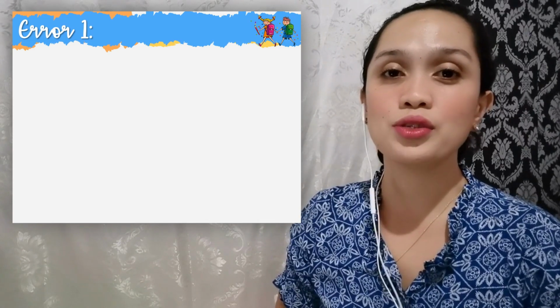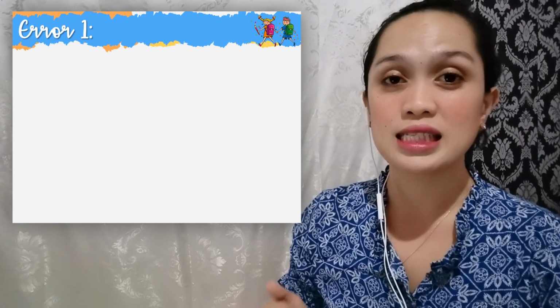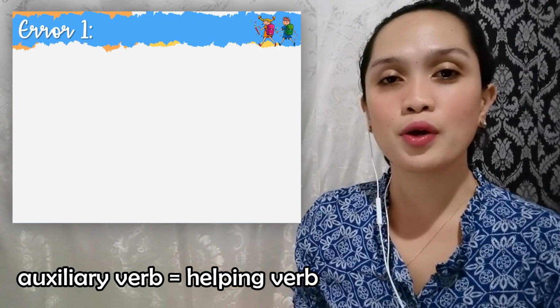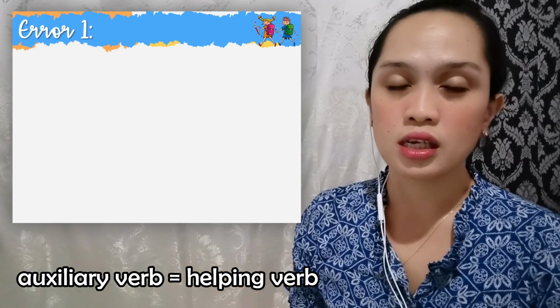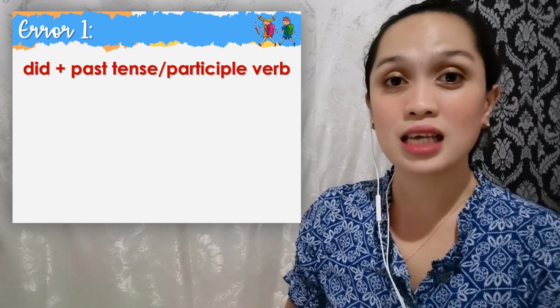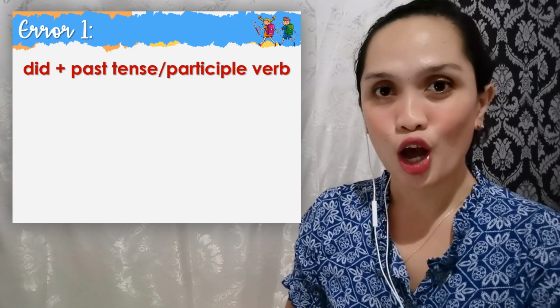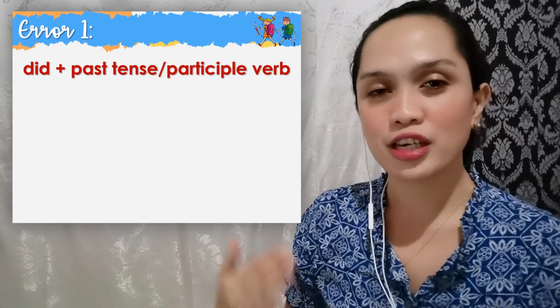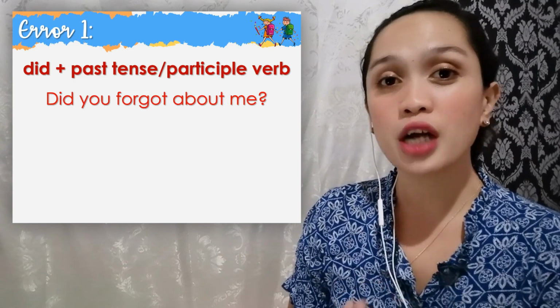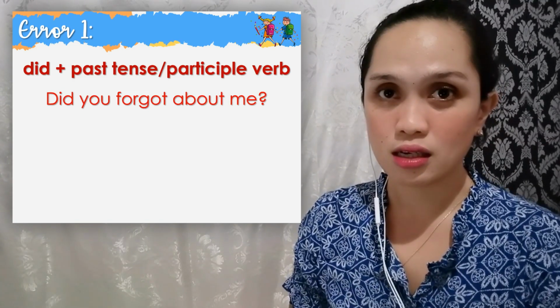So the first common error that I took note of is the use of the auxiliary verb did, followed by a pronoun or a noun, and the past tense or past participle of a verb. So for example, did you forgot about me?